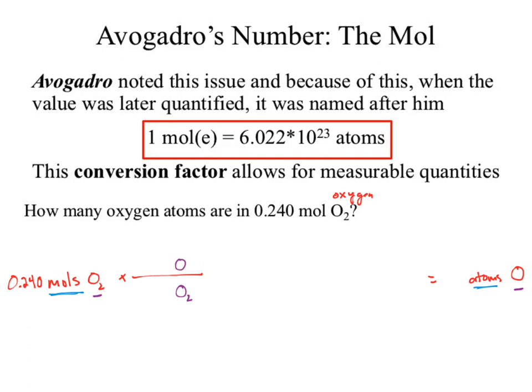What would be the measurement unit in this case? Okay, we can use moles. Where do I find the numerical relationship between the moles of oxygen and the moles of O2? That comes from the chemical formula.